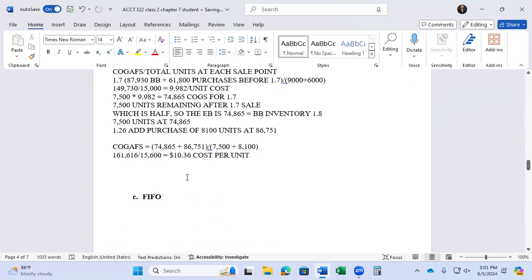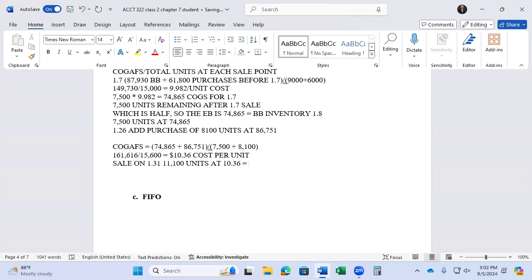So then this is what we get per unit, and then we have the sale on 1.31, and so that would be 11,100 units at 10.36.